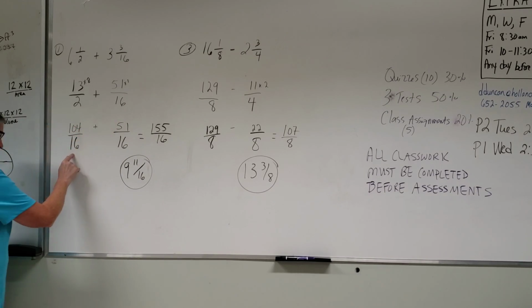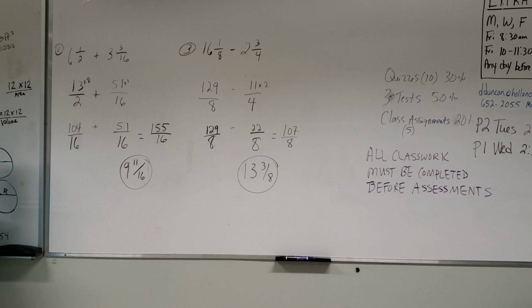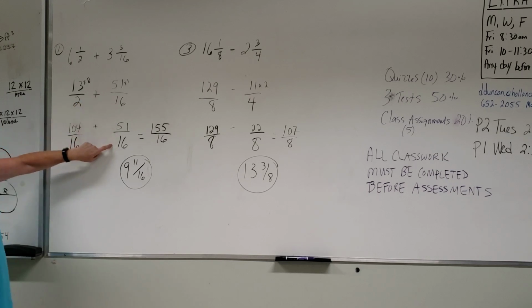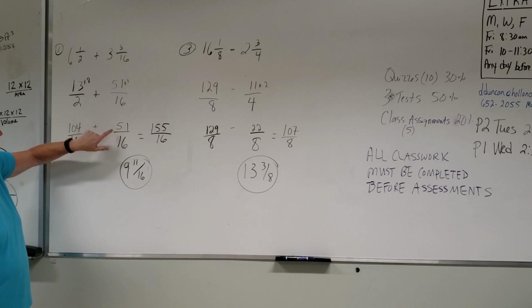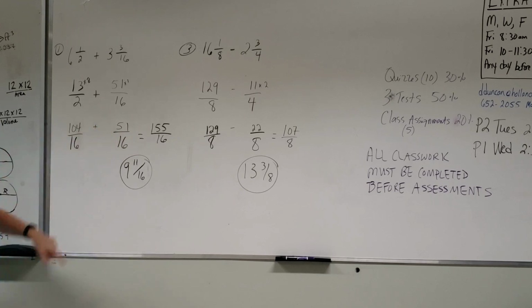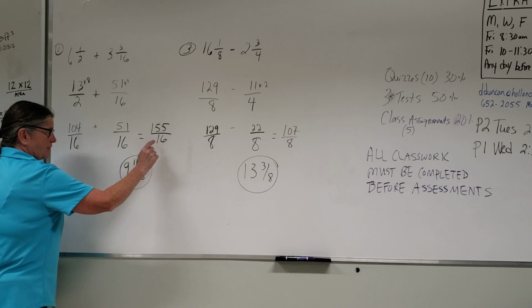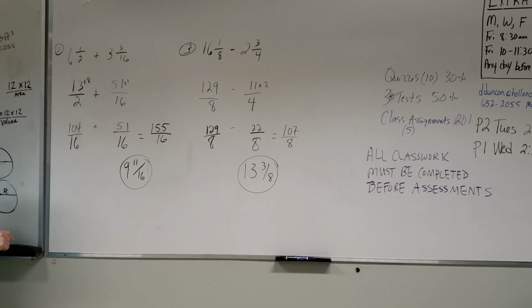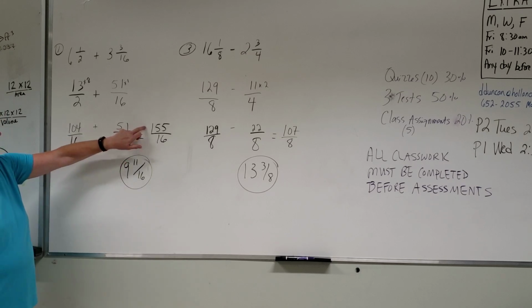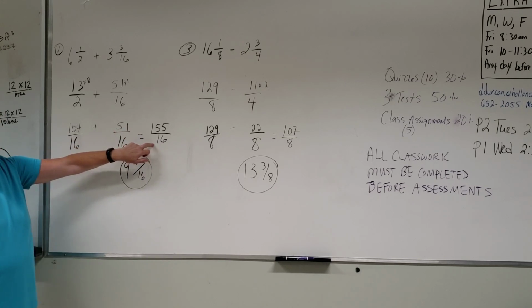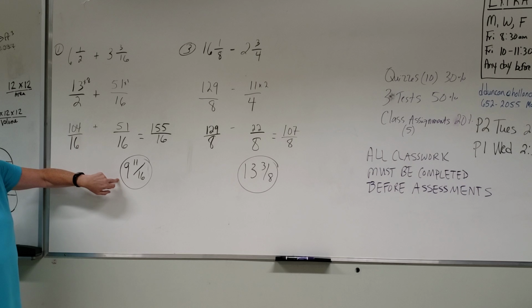So we set it up, 16 and 16, common denominator, right? 2 goes into 16 8 times, 13 times 8, that's where that 104 is coming from. 16 goes into 16 once, 51 times 1, that's where the 51 is coming from, right? So now we're ready to add. We just add straight across, 155/16, the denominator stays the same, and this is where your magic ABC button comes in, 155, ABC 16. So get 9 and 11/16.